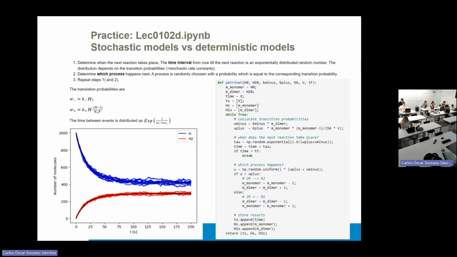So this is the probability of tau. So this is the distribution function. Remember this distribution function.